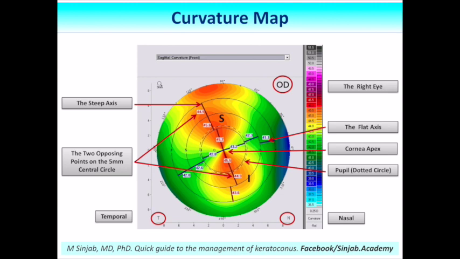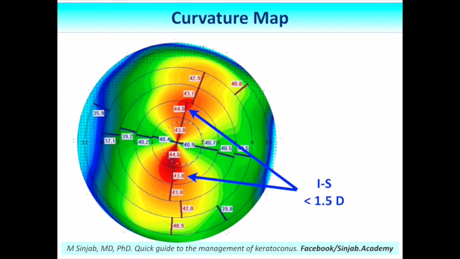We have to look at the shape, and we have to look at the two opposing points on the 5 mm central circle. Starting with the parameters. Whenever we find the inferior point higher or has a larger number than the superior point, we can accept a difference of less than 1.5.